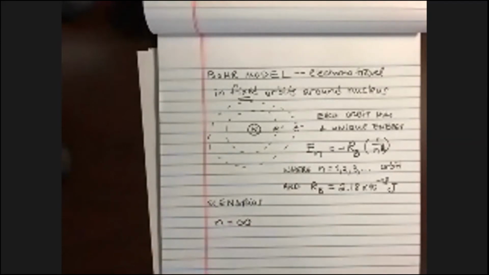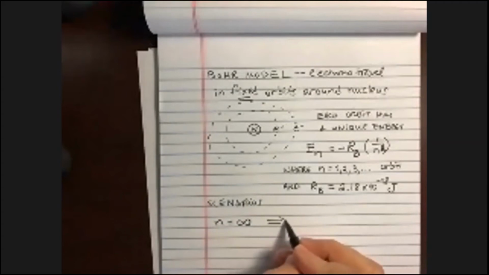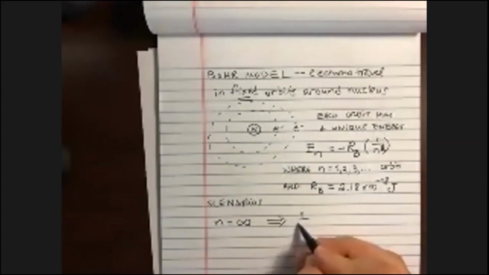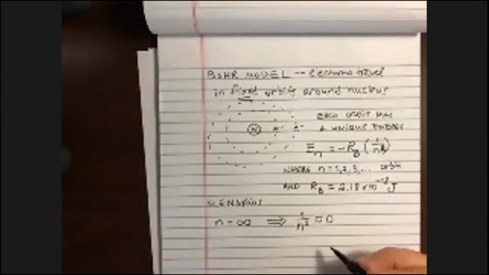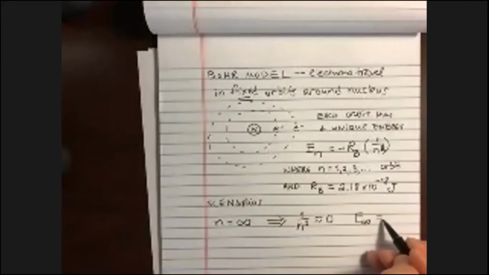In other words, let's say this is an electron that's in an orbit very, very far from the nucleus. Well, at this value, 1 over n squared, this bottom number is so big that essentially this approximates a value of 0. And therefore, the energy of the electron at this point would be 0.